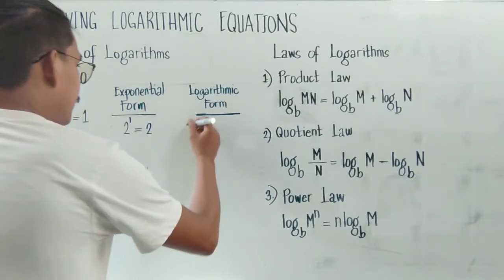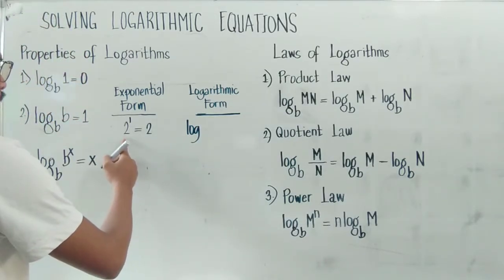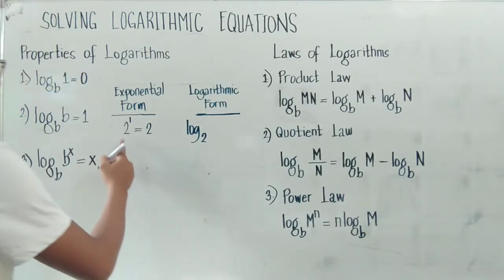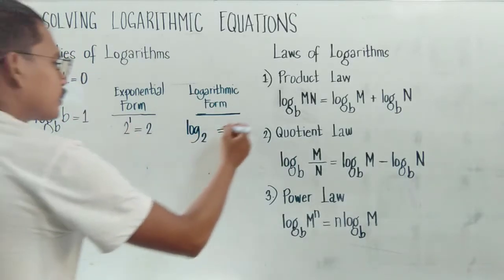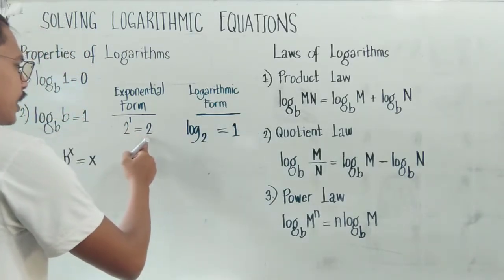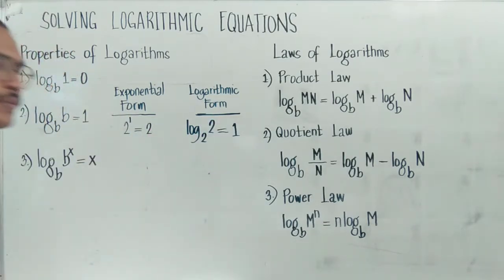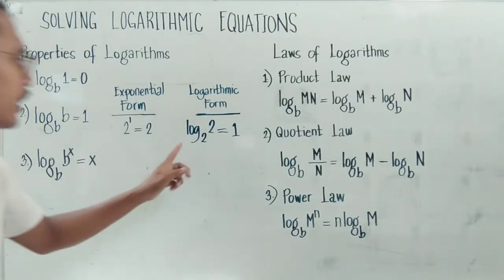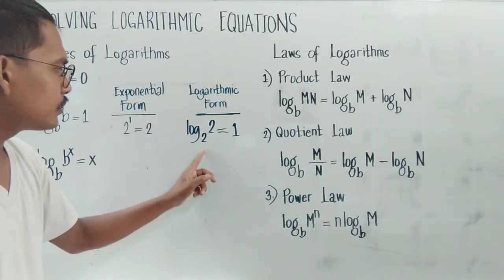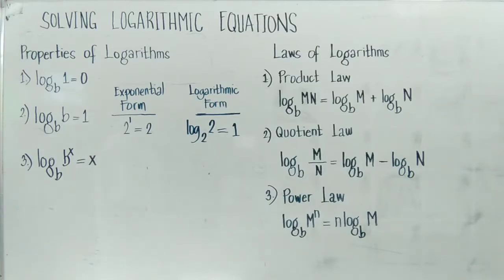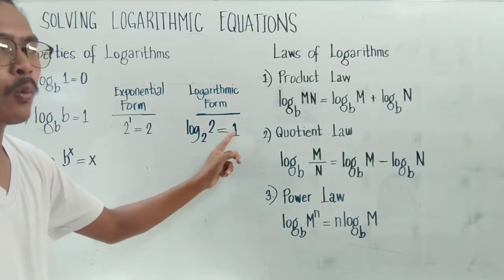Writing it in log form, we have log, then the base is 2, the exponent is 1, and the answer of your exponential form goes here. We read it as log of 2 base 2 equals 1, or log base 2 of 2 equals 1.